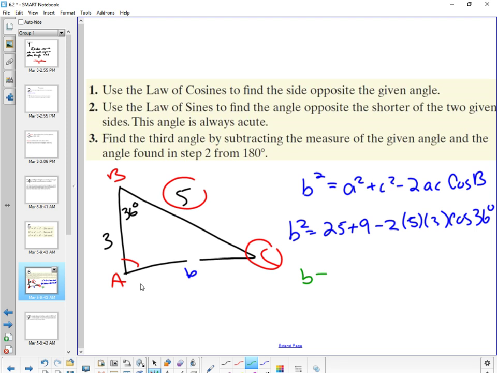So it's like 6 something? 6.15. So now I have little b. Little b is 6.15.